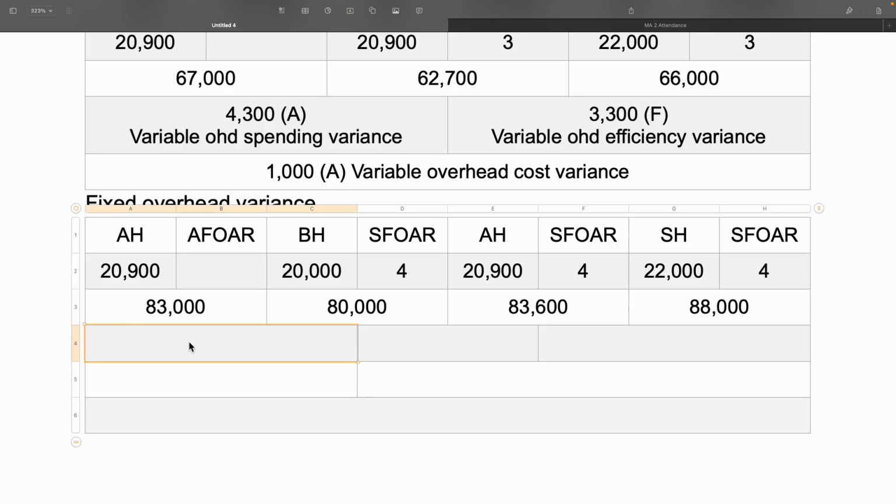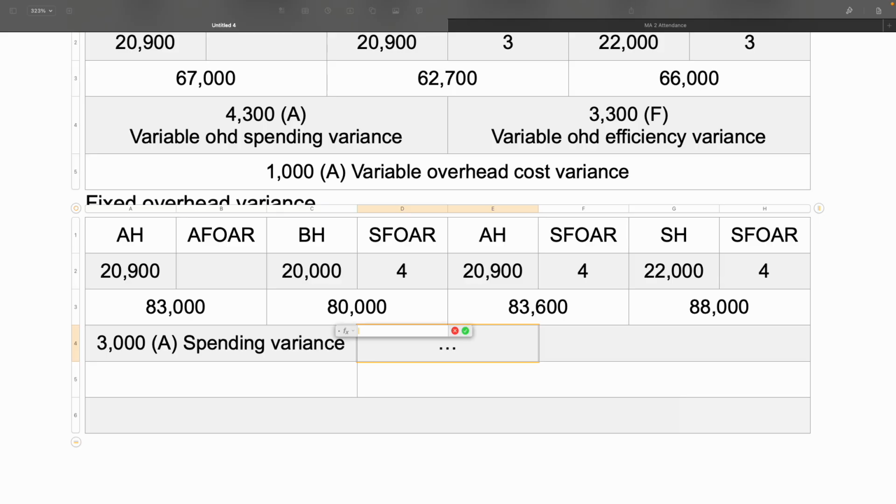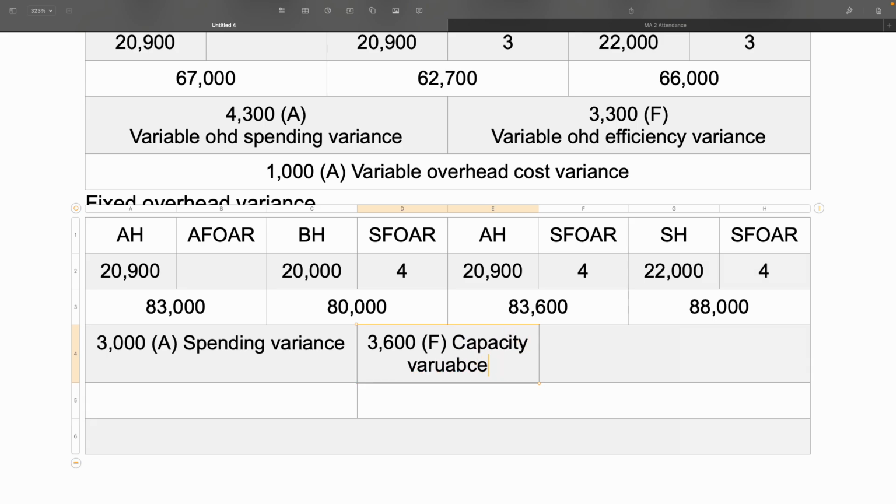So this is going to be this one. Actually spent, should have spent. Actually spent, should have spent.